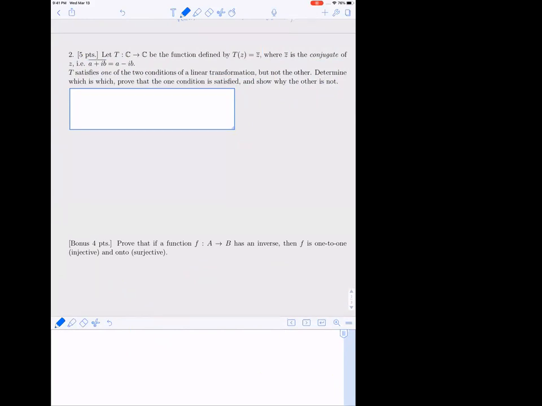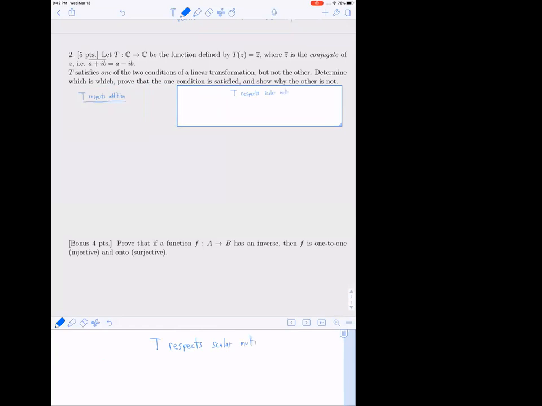So the two properties, of course, are that T respects addition, and that T respects scalar multiplication.